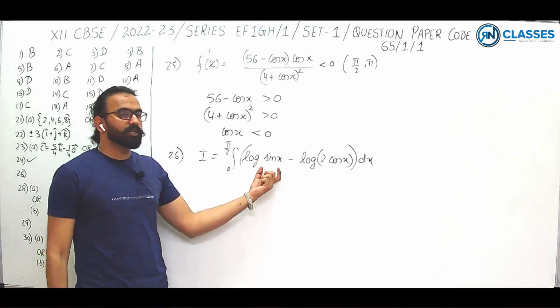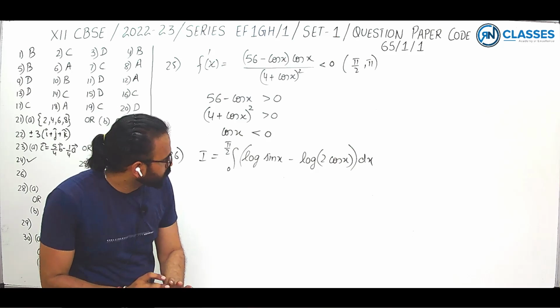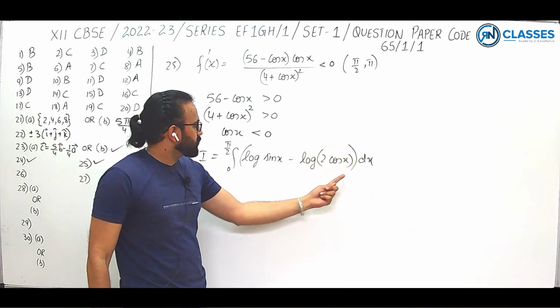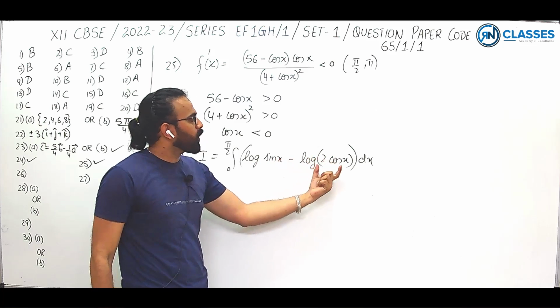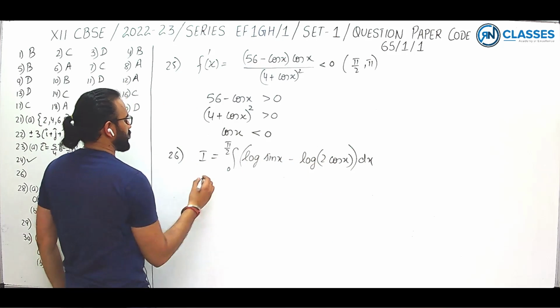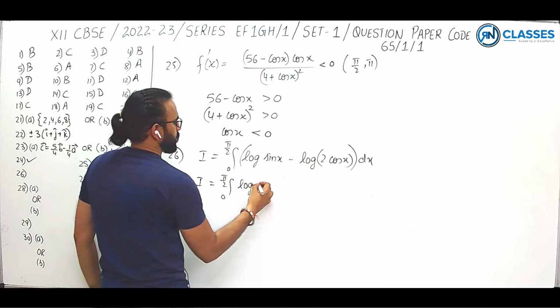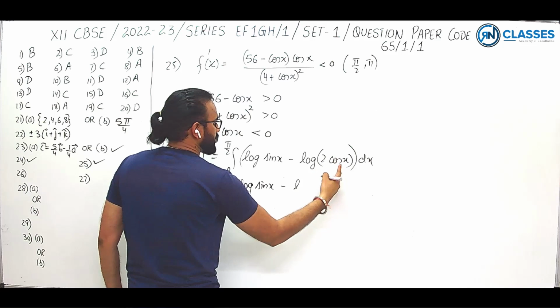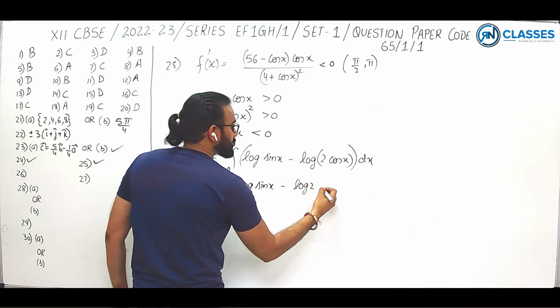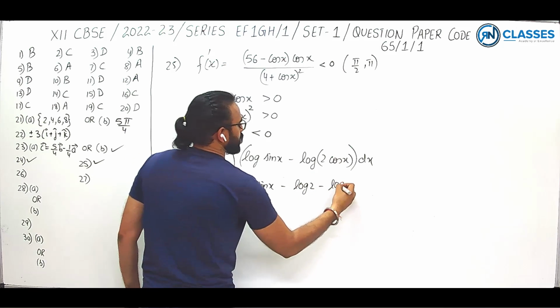In order to evaluate this integral, let us first pass on to this part. Log sin x, we will keep this quantity as it is. Log of 2 cos x, इसको simplify करेंगे using property. I will write it as minus log of a into b, that can be written as log a plus log b. Due to this negative sign we will get minus log 2 minus log of cos x.